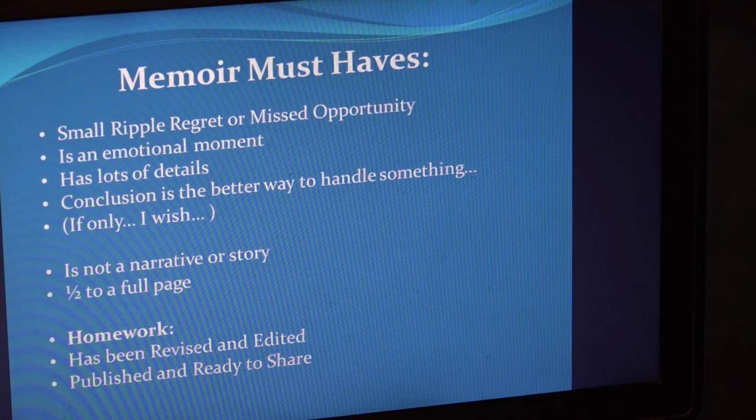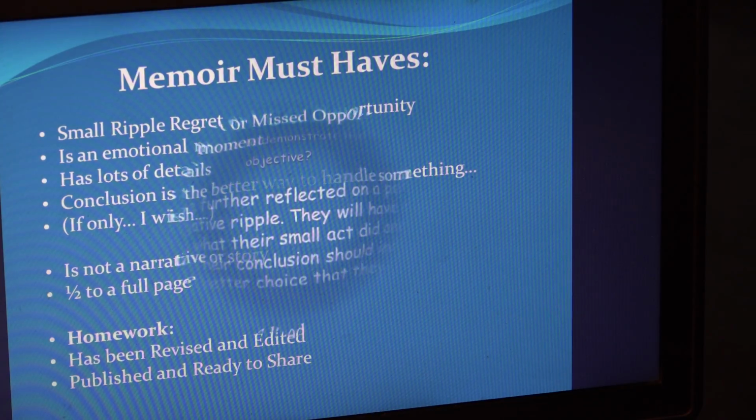So here, our small ripple, regret, or missed opportunity has an emotional element to it, lots and lots of details, and the conclusion is going to be that they have to figure out a better way to handle something. If only I wish I had. And what it is not, it's not a narrative, but it does have to be a half to a full page. And then they'll finish it up for homework so they can share it the next day.